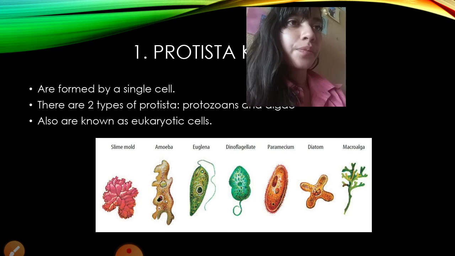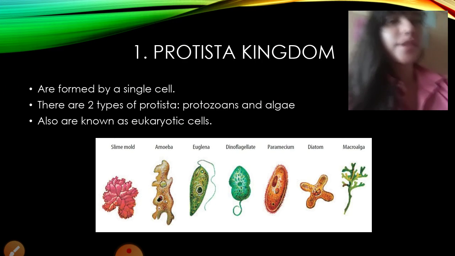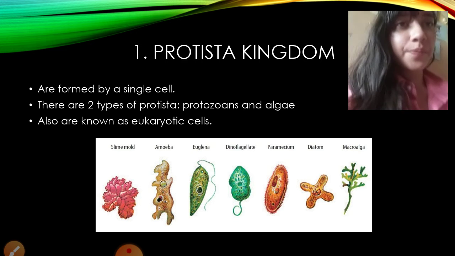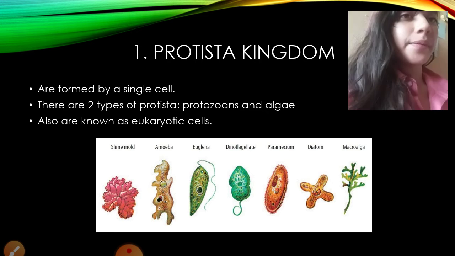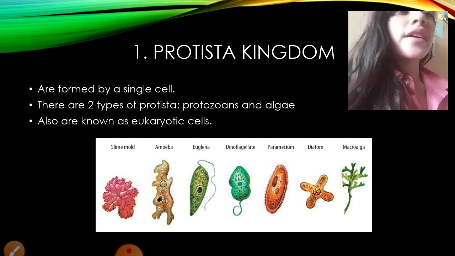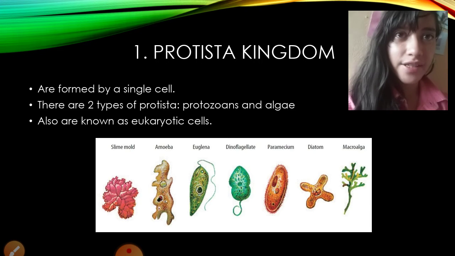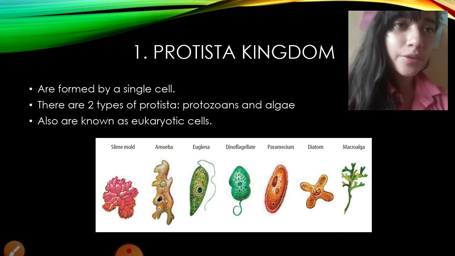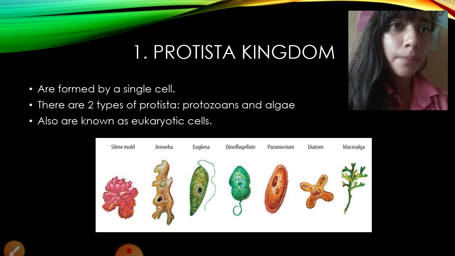Now, let's discuss characteristics of each one. We have number 1, Protista kingdom. Let's discuss characteristics. Protista are formed by a single cell.